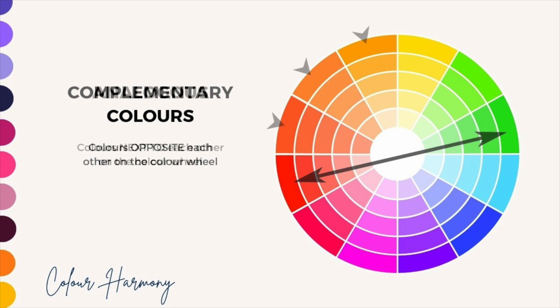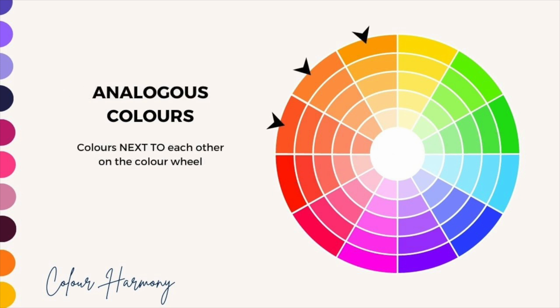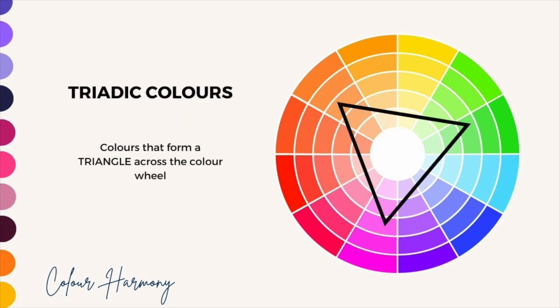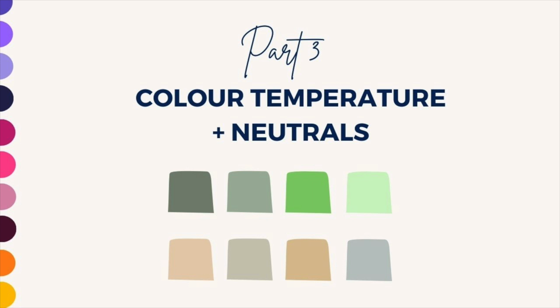Then we spoke about analogous colors, which are colors next to each other on the color wheel. And finally we talked about triadic colors, which are equally spaced around the color wheel, and they form a triangle across the color wheel, as you can see. So that's a super basic overview of part 2.